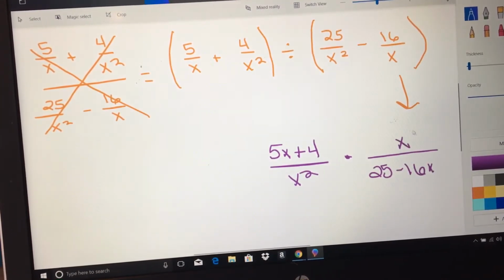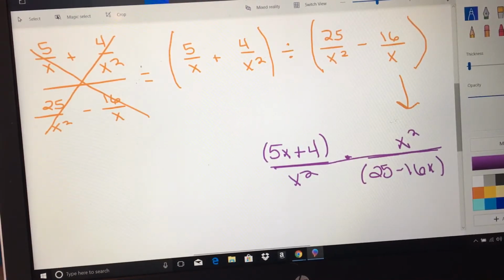Now that this is a multiplication problem, I can multiply straight across. So up top, that's going to give me x squared times 5x plus 4, and on the bottom, x squared times 25 minus 16x.